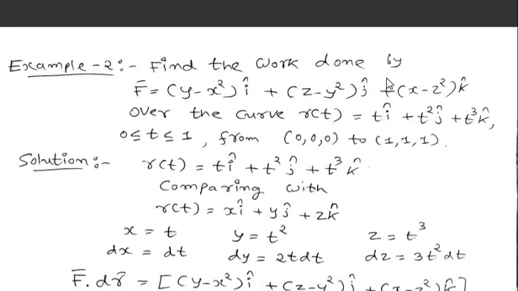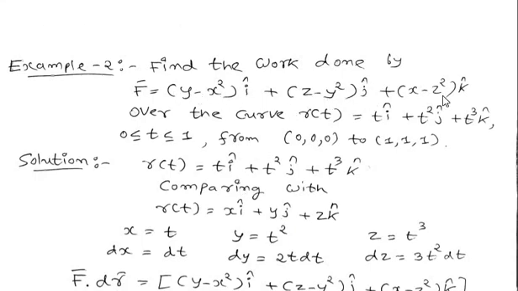We have to find out the work done of the given vector field, that is this one, over a curve r(t) = t i + t² j + t³ k cap, and the value of t is between 0 to 1, from (0, 0, 0) to (1, 1, 1), right?